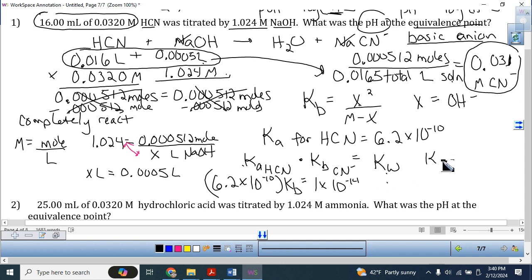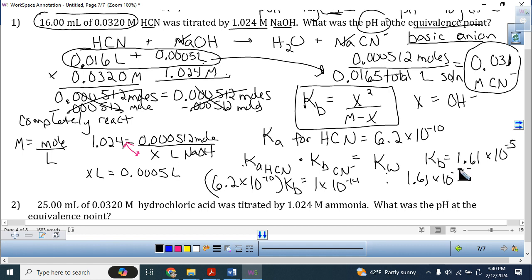So my Kb for CN minus is 1.61 times 10 to the negative 5. Okay, now I can plug this into this formula right here. 1.61 times 10 to the negative 5 equals x squared over my molarity, which is 0.031.